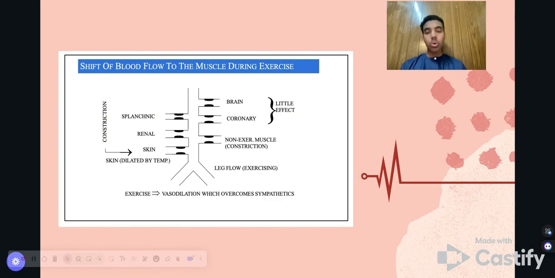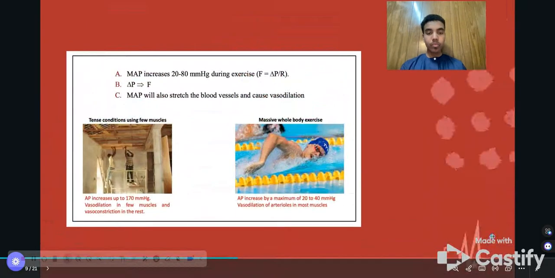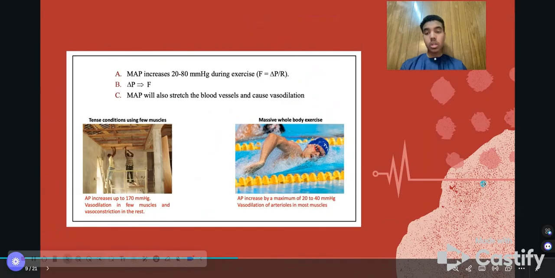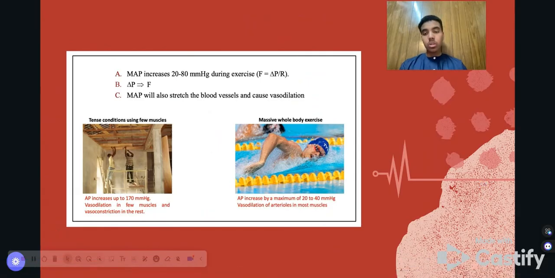However, all over the rest of the body, you're going to have vasoconstriction, except for your brain and coronary arteries, because they need a constant supply of oxygen, a constant supply of blood. All the other vessels are going to constrict to allow more blood and more oxygen to reach the legs.